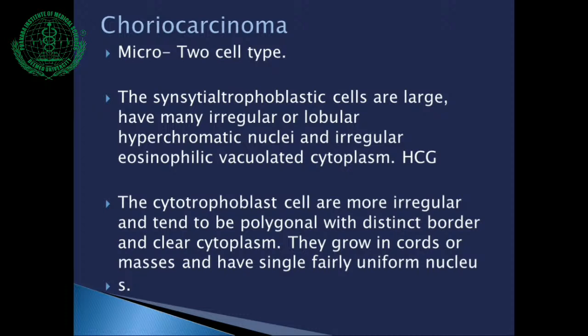And the cytotrophoblasts are more regular and tend to be polygonal with a distinct border and clear cytoplasm. Both types of cells have anaplastic features of malignancy.